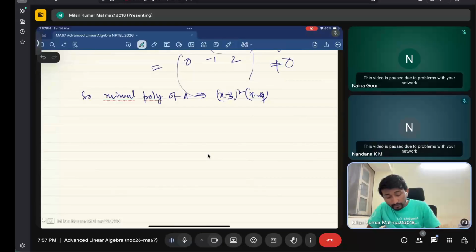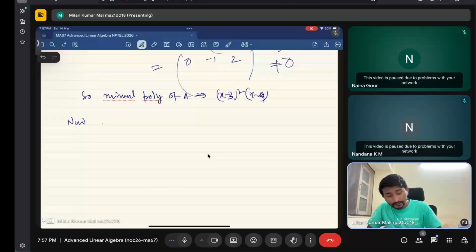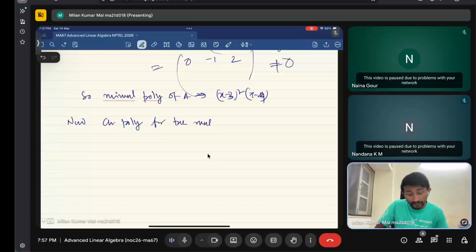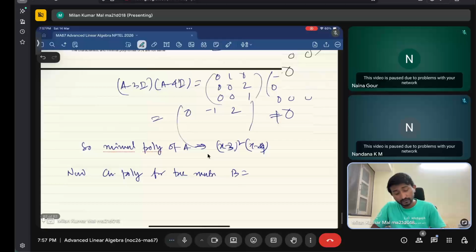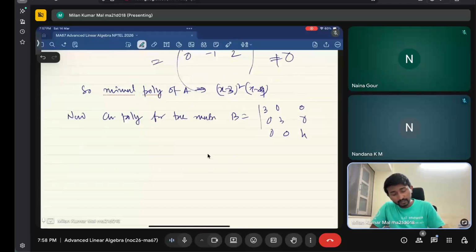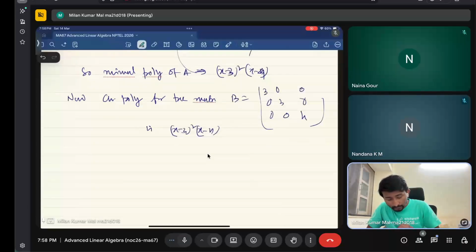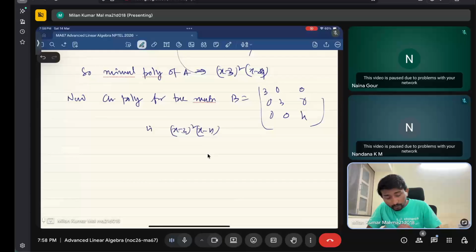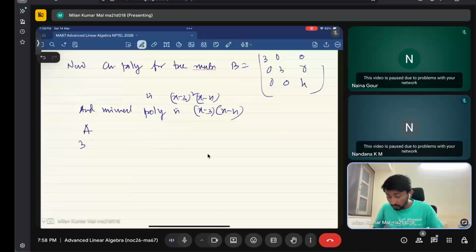Now the characteristic polynomial for the matrix B, which is the diagonal matrix with entries 3, 3, 4, is x minus 3 square, x minus 4, and this is diagonalizable, that's clear. This is a diagonal matrix, and its minimal polynomial is x minus 3 times x minus 4. So we have two matrices. One is A, with rows 3, 1, 0; 0, 3, 2; 0, 0, 4.